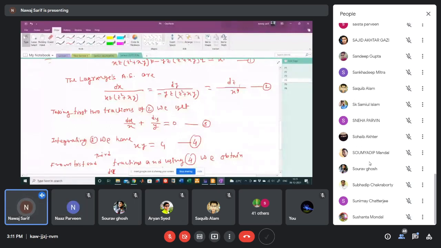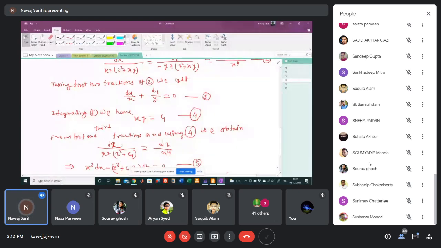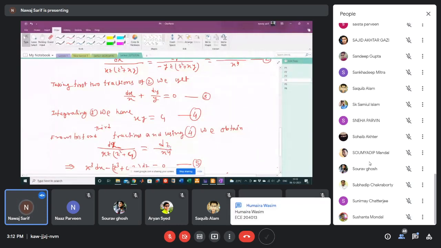So to find another solution, when you apply xy equal to c1 and take the second and third terms, there is a y term and a z term also. But you cannot eliminate x here, because there is an x term also, so you cannot find a solution by using the last two terms. So just take the first term and the second term. When you put xy equal to c1, your first fraction is dx by xz into z square plus c1, and the last term is dz by x to the power 4.